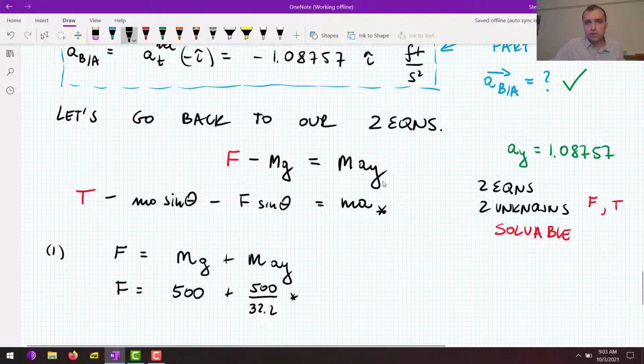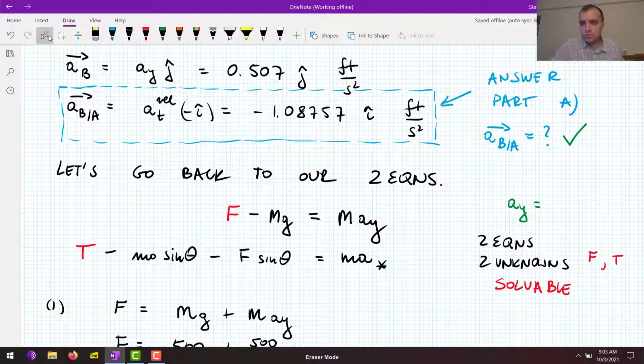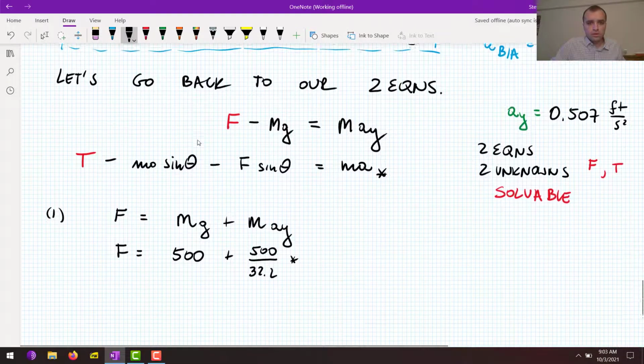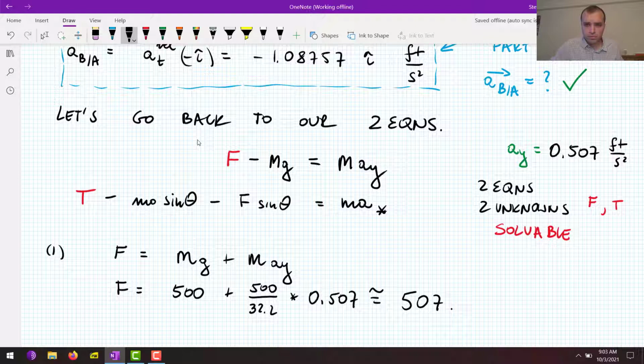Oh, I made a little mistake here. Ay is not this value, Ay is this value. Sorry. So let's plug this value here. Grab your calculators and obtain that our F, the force in the cable, is approximately 507.875 pounds.